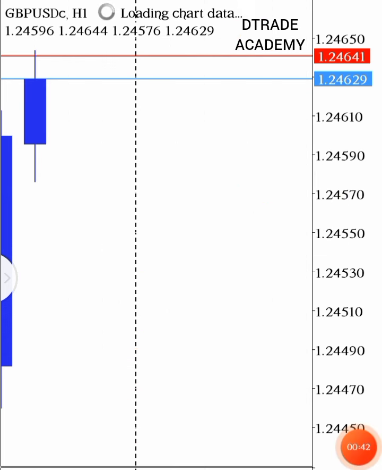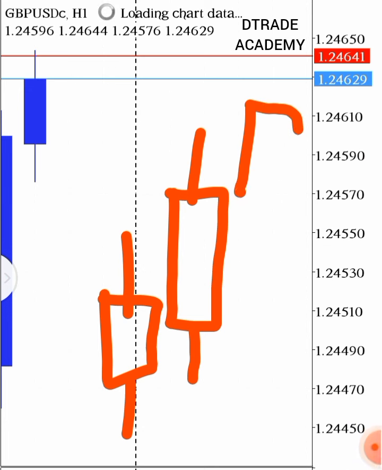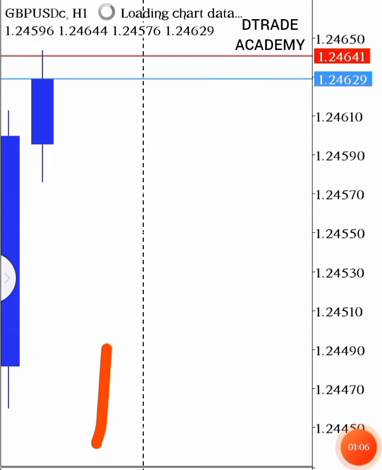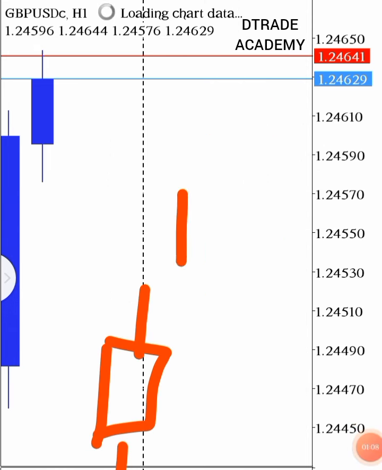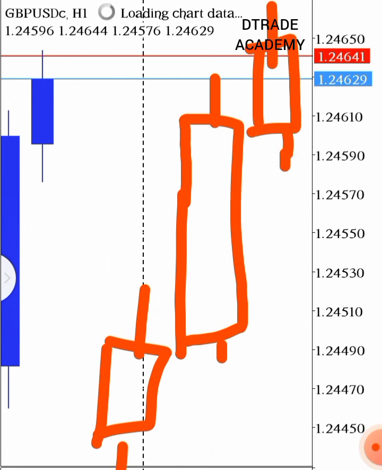Let me show you a balanced candle. You can see how these wicks overlap each other. These wicks overlap this candle, then this one overlaps this. But with the other one, look at the space.